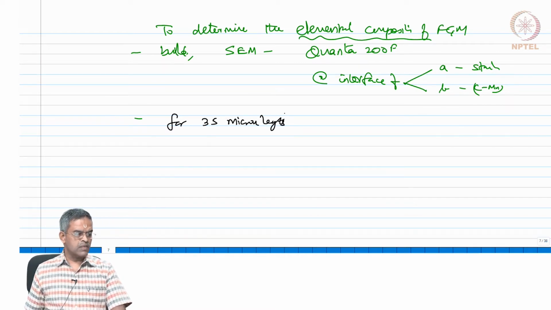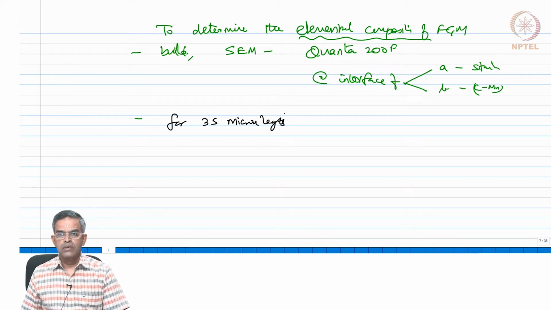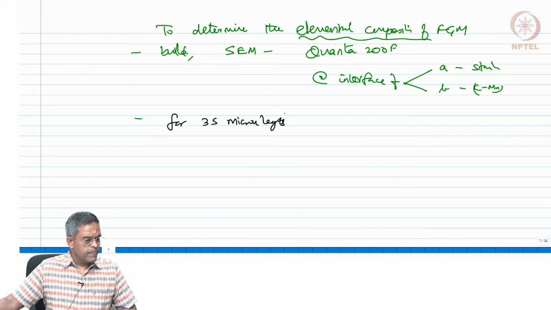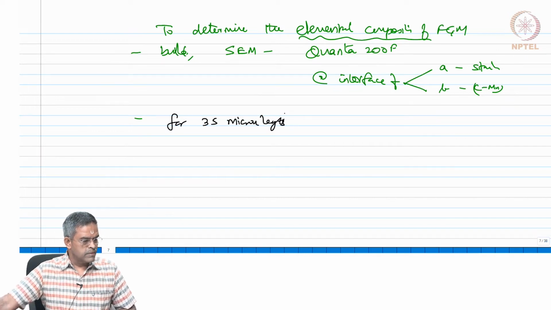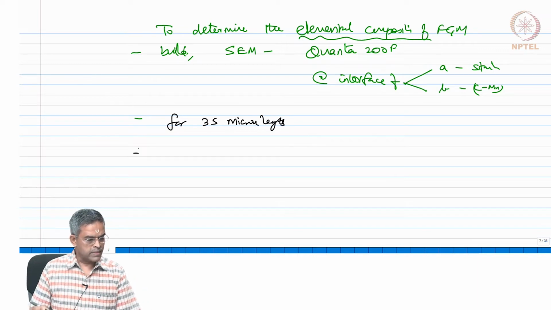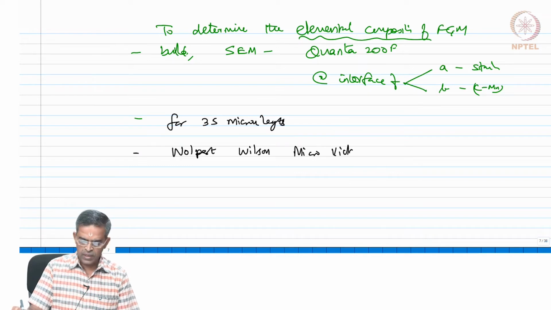The micro hardness test is also carried out on the polished surface of the FGM build, okay, and the hardness test is conducted using a Wolpert Wilson micro Vickers digital hardness tester.